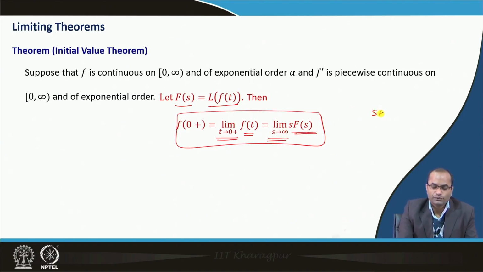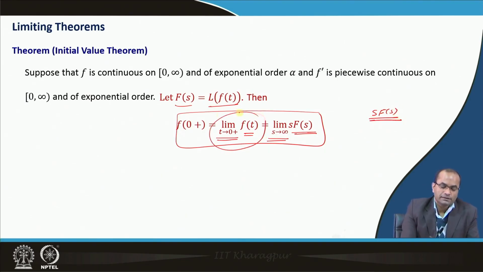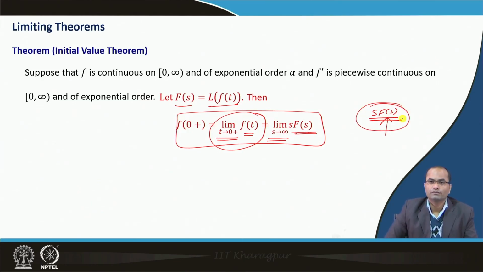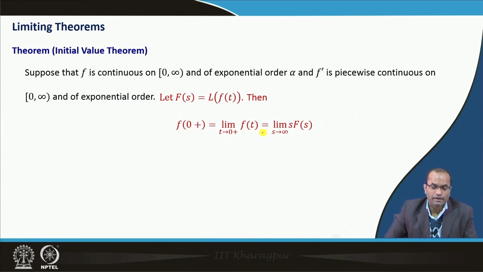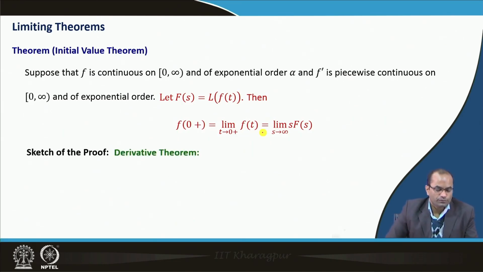So, we need to compute the limit of, for example, this s F(s), and we can get exactly the behavior of the function as t approaches 0. So, this is a direct result that with the help of the given Laplace transform, we can also predict the value of the function as t approaches 0. This is the so-called initial value theorem.